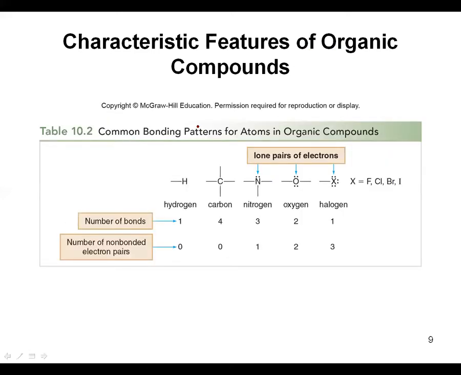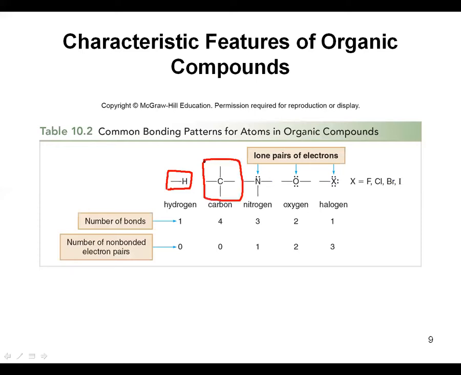So here are some common bonding patterns that we see in organic chemistry with different elements. Hydrogen, like we've talked about, is just going to be that one bond no matter where it ends up. As we've also talked about with Lewis structures, hydrogen should always be on the outside. It should never be in the center. Carbon, like I said, typically likes to make those 4 bonds.